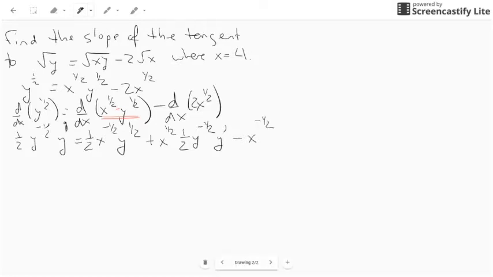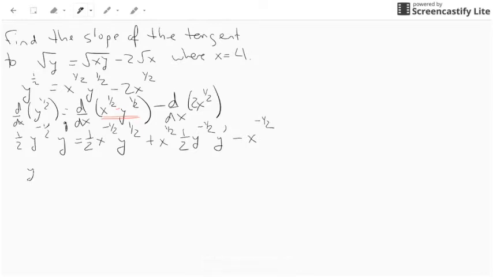Now what I want to do is try to isolate the y primed. I see two terms with y primed. One of them is already on the left-hand side, so I'm going to bring everything over here. Actually, even before I do that, let's multiply everything through by 2, just to get rid of the denominators before I move anything over.